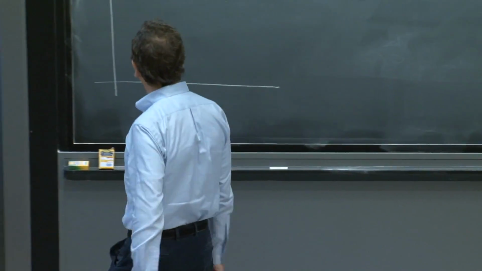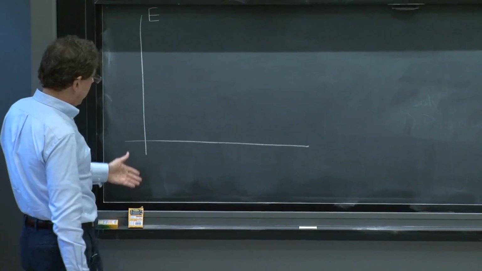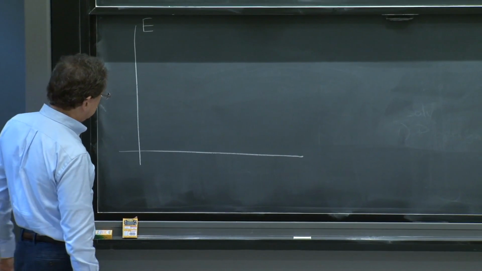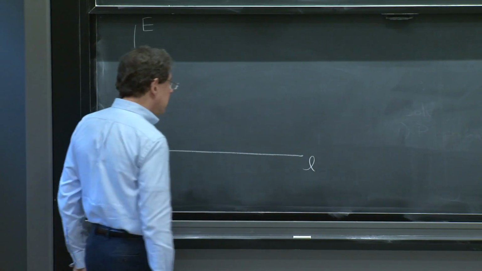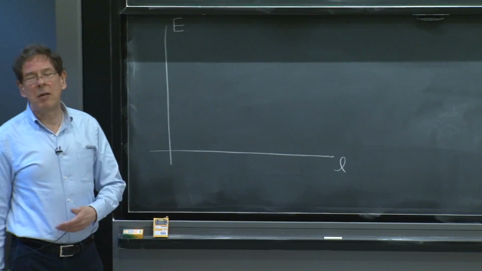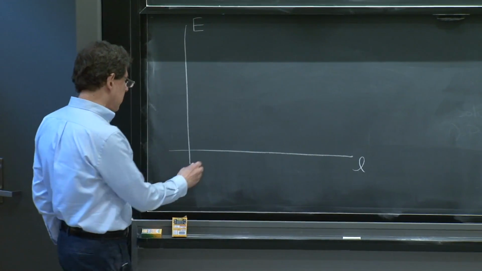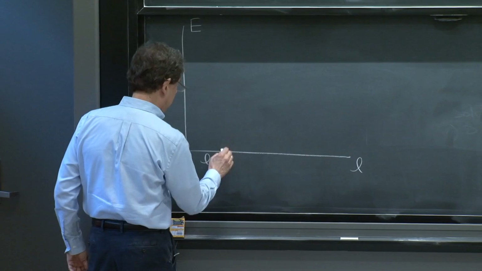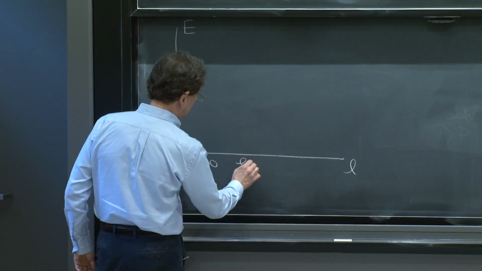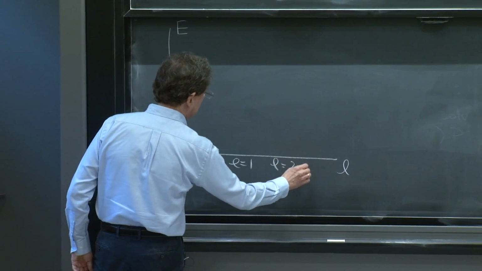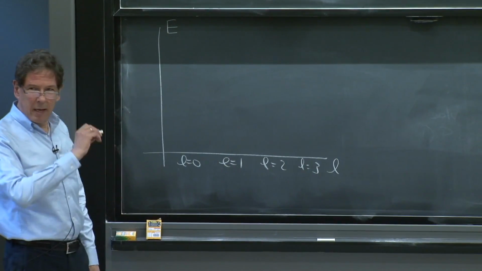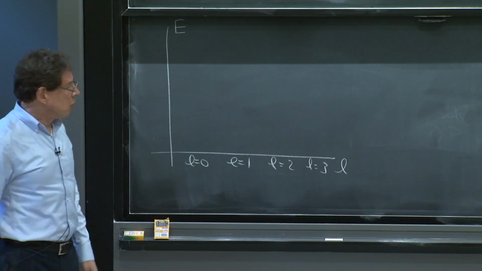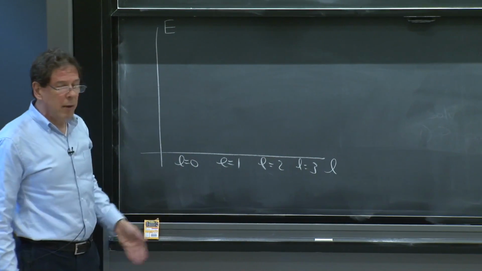So in general, for a central potential, however, the system is shown like that, and we plot here L. But L is not a continuous variable, so we'll put L equals 0 here, L equals 1, L equals 2, L equals 3, and then you start plotting the energy levels. You solve the radial equation.